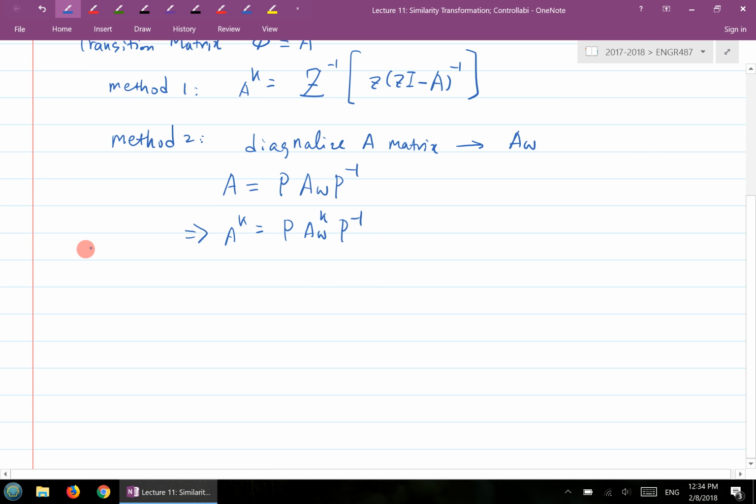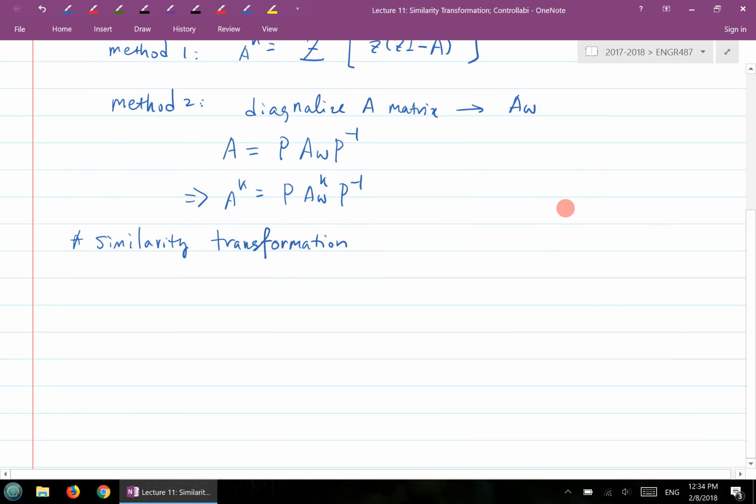That's the topic today, which is the similarity transformation. So the concept here is similarity transformation. Let's look at the definition first.